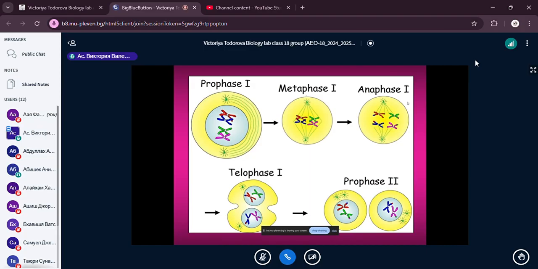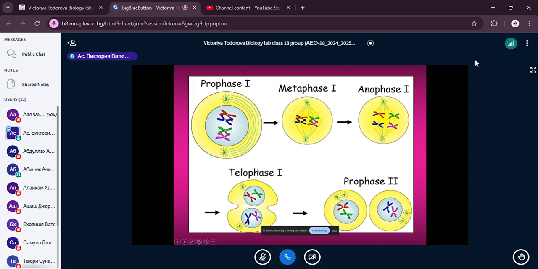At the end of the anaphase, I want to tell you, there is one homologous chromosome from each pair. Actually, they are homologs here, and there is one homologous chromosome from each pair.